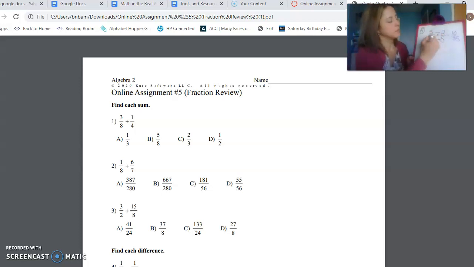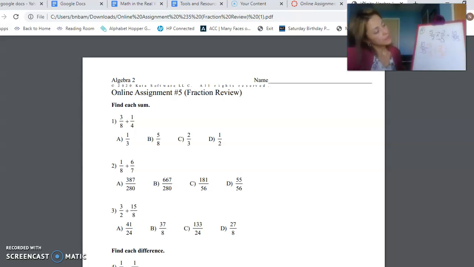If I divide this number by 5 and this number by 5, 10 divided by 5 is 2. 35 divided by 5 is 7. It's 2/7. Okay?